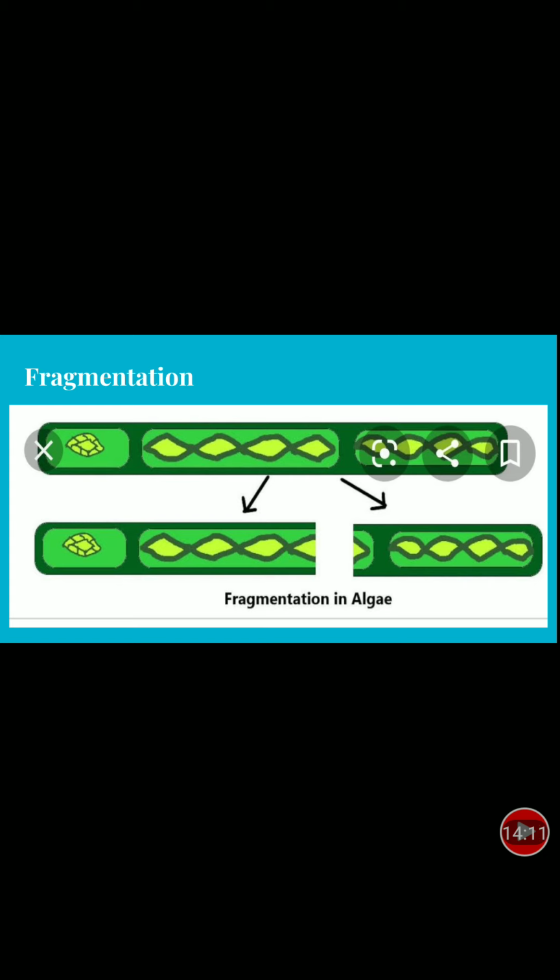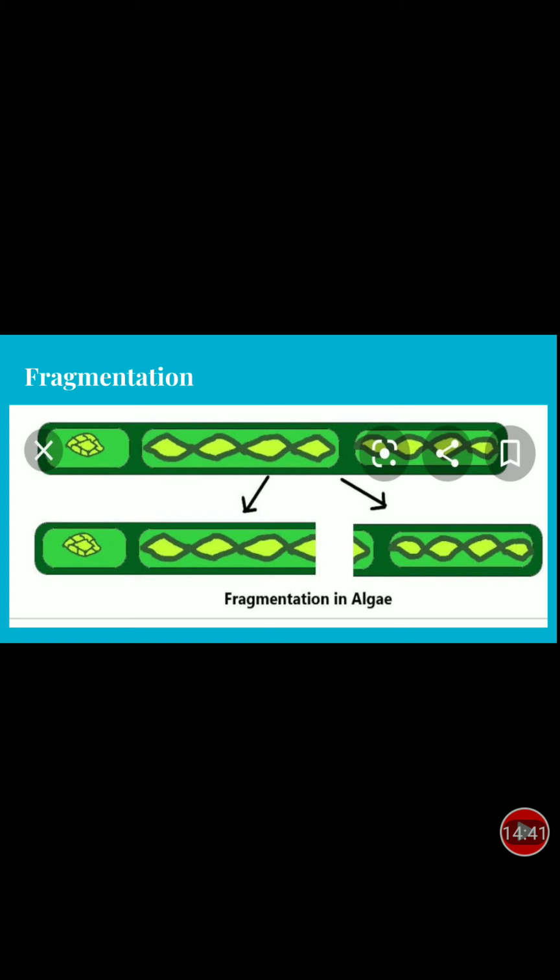Even last week, the water became green because of algae. A-L-G-A-E. You already studied about algae. Now, when algae get water and nutrients, they will grow and multiply rapidly by fragmentation.